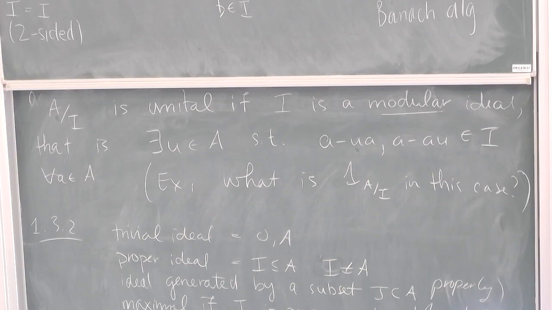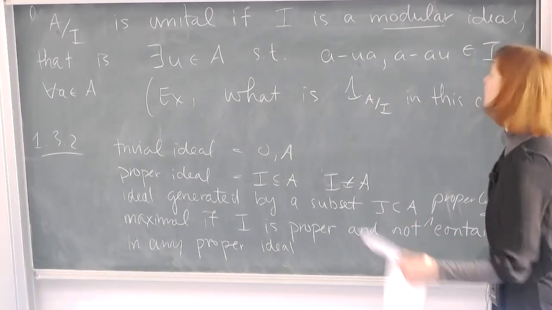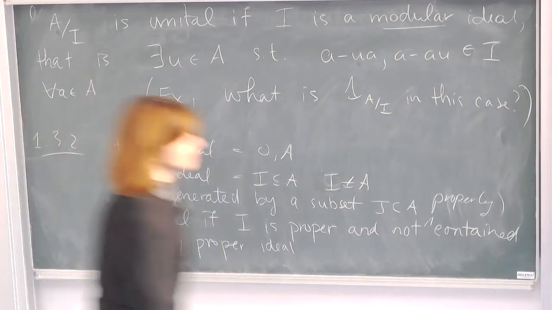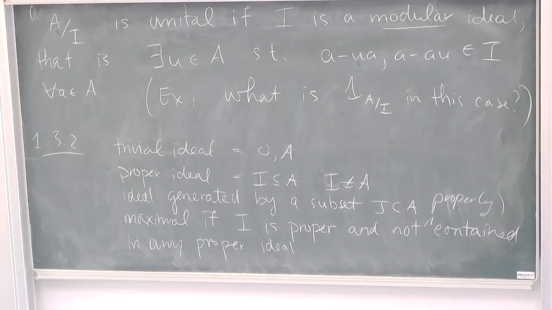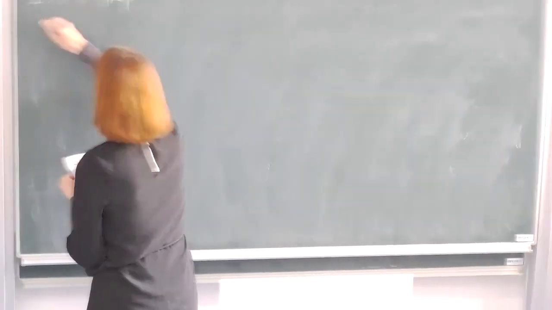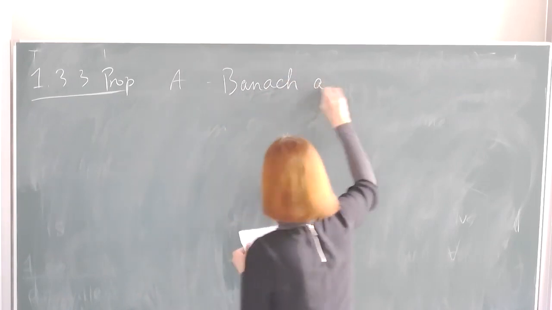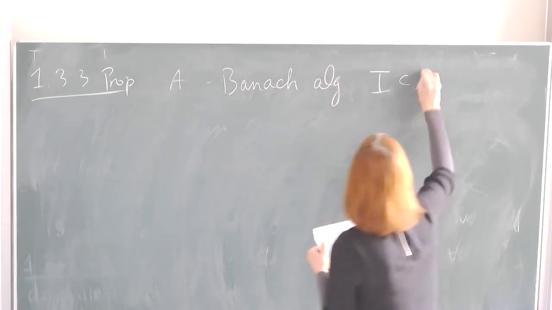Okay, I'll just end quickly with a proposition, just so that this wasn't just ending with a bunch of definitions. But I won't bother to prove it. So just so we can see the difference between algebraic ideals and regular ideals. So, proposition. A is a Banach algebra, and I in A is an algebraic ideal.